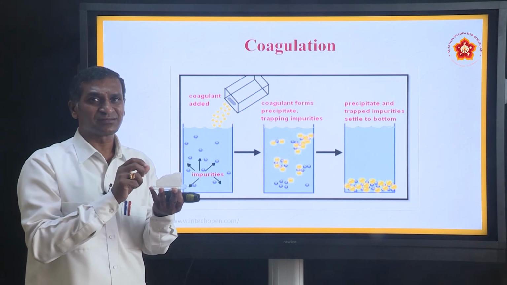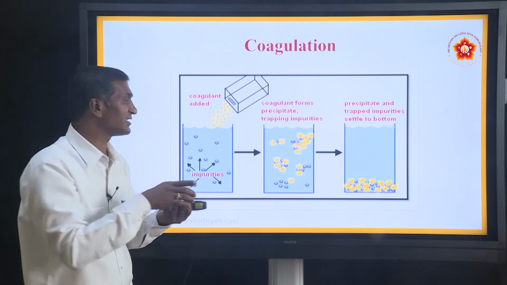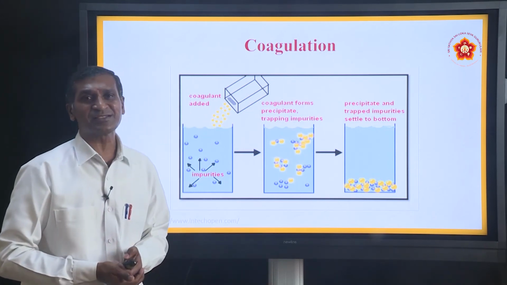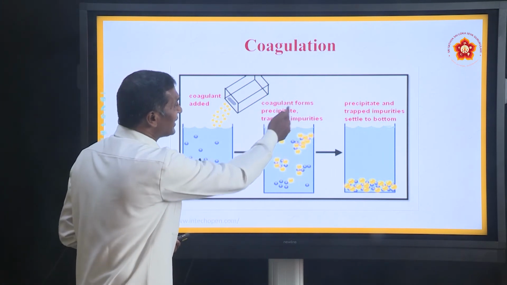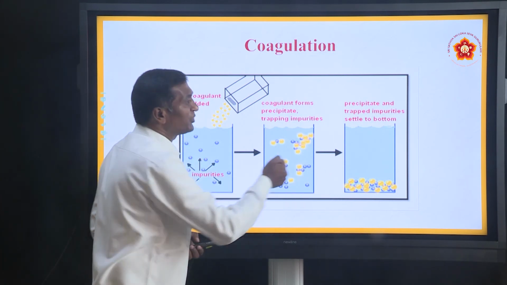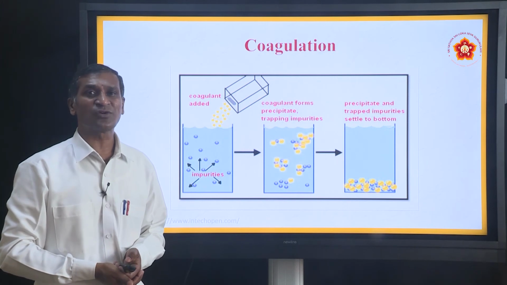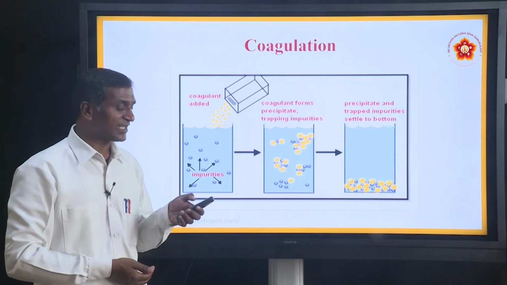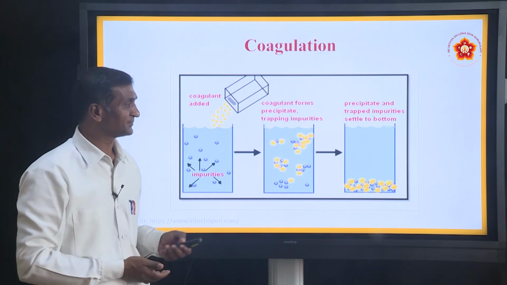It clots, coagulates, settles down the charged particles. So, settling down of the charged particles is called coagulation. When you add a coagulant, it traps the impurities and all the impurities start to settle down. Settling down of charged particles is called coagulation. The potash alum is a common example for this.